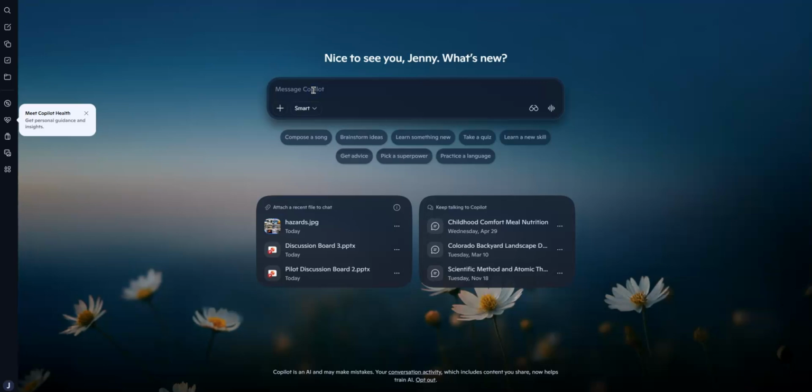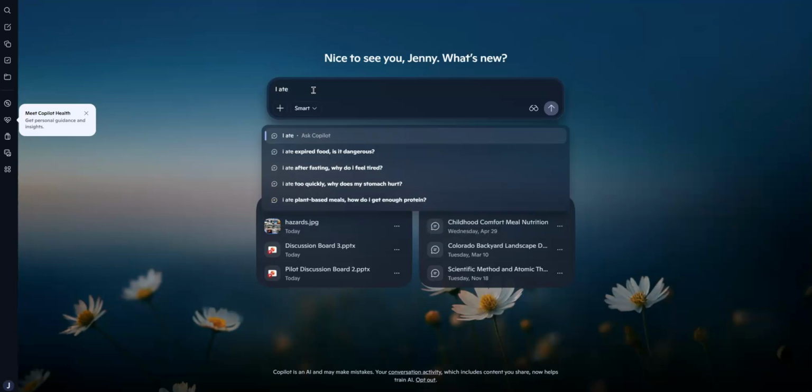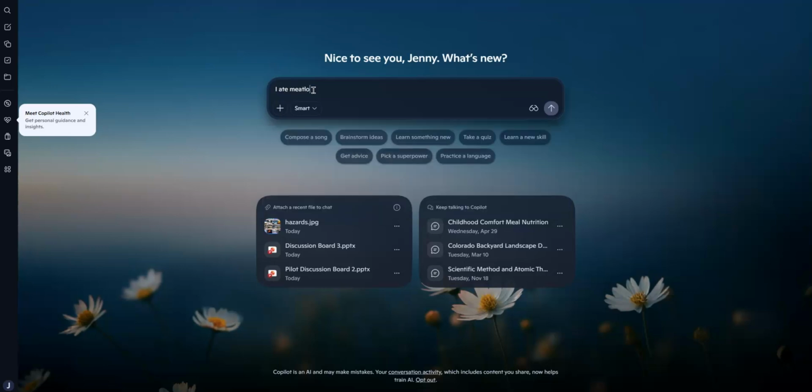And so I'm going to say, I ate, I'm trying to think of a meal that I ate recently. Meatloaf with corn on the cob and salad and, not chocolate muffins, chocolate cupcake.